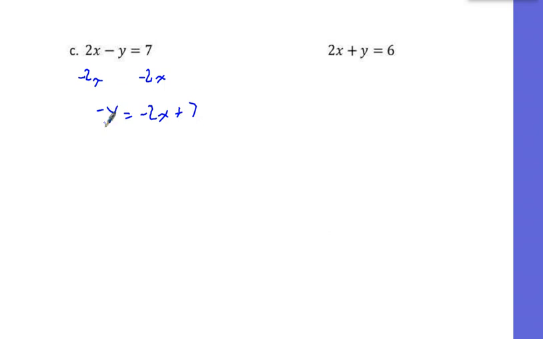Don't forget to divide by the coefficient of negative 1 every single term. That's often forgotten, which is why I chose in example B to add y to both sides, which would be perfectly acceptable here as well, but I wanted to point this out to you. So y equals positive 2x minus 7. So the slope here is 2.